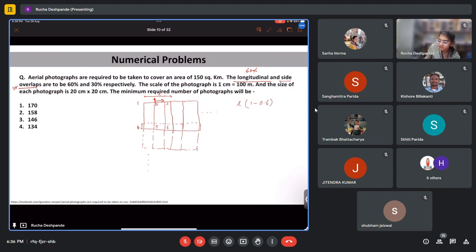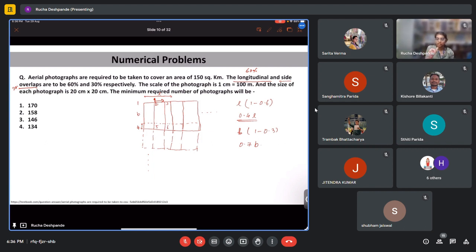So it would only cover 0.4 times L. That would be the effective length covered on that side, and in the vertical side it would cover L into 1 minus 0.3, so it would cover 0.7. If this is B, 0.7 times B, and so on.